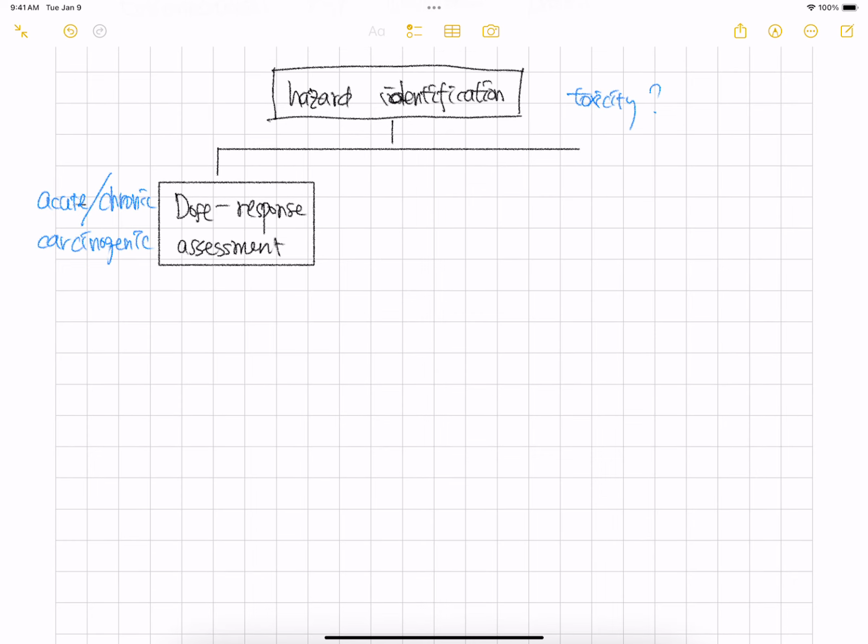And on the other hand, we also need to evaluate the exposure assessment, exposure route.